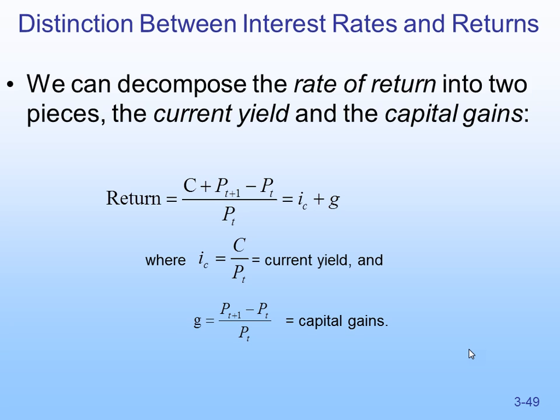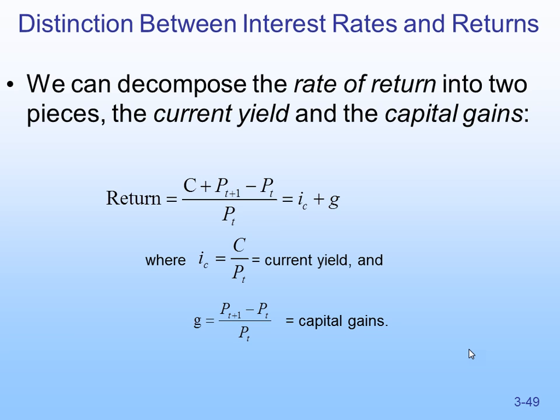So it looks like this. So the rate of return is, here's your capital gains, the change in the price. That may not happen, but it will happen if there's an interest rate change.